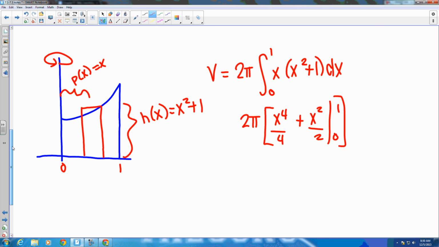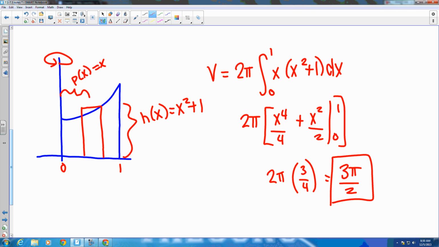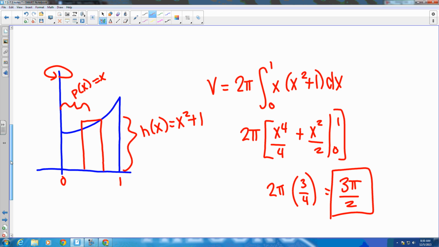Distribute, take the integral, and it's 2 pi times 3/4, which is 3 pi over 2. So obviously it was a lot faster to do the shell method on that one than it was to split it into two and use the disk and washer. So just think about that. Whenever you are flipping over the y-axis, you should check and see if the shell method would be easier.